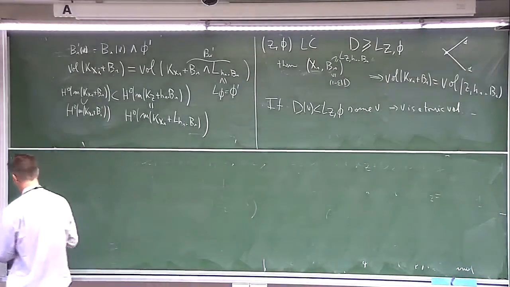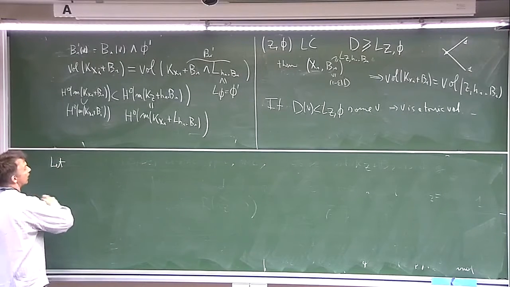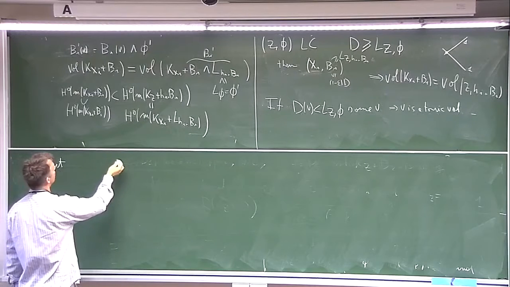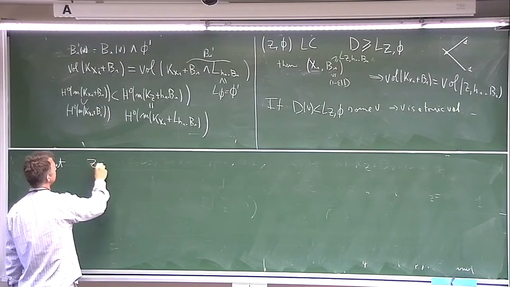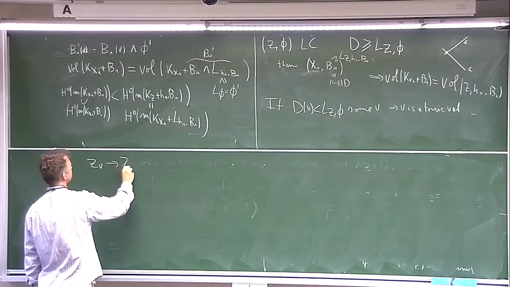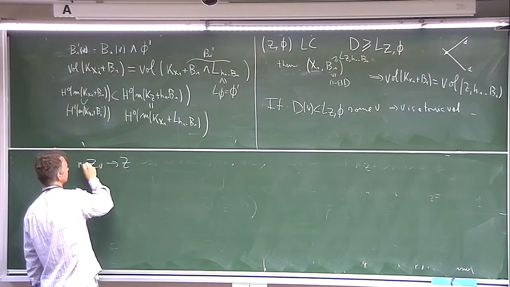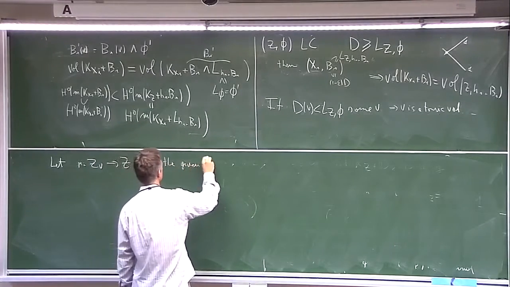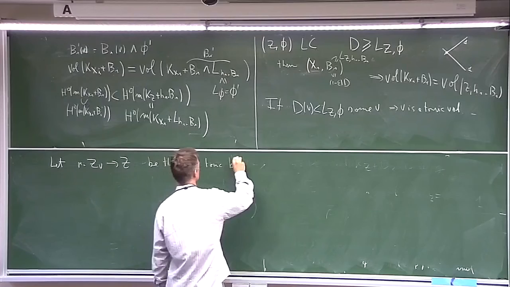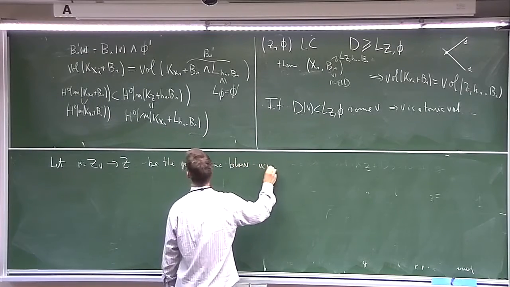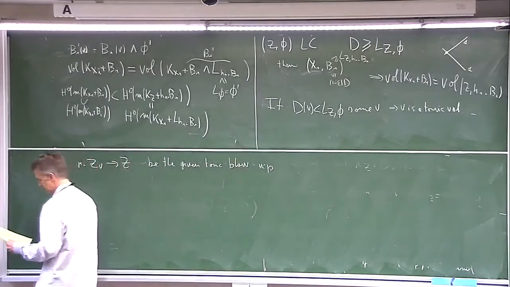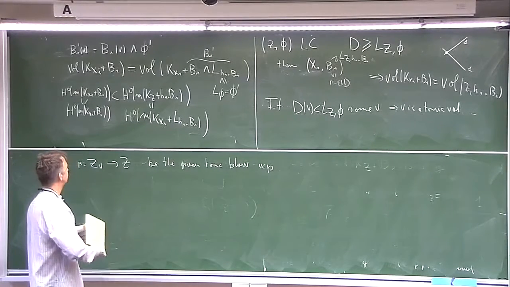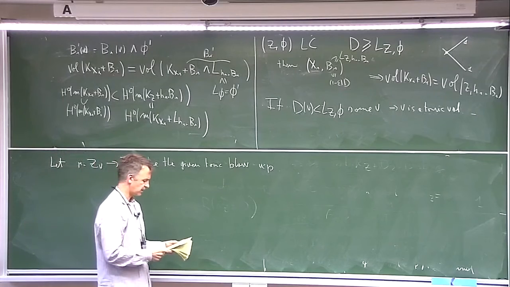So we let Z_nu to Z be the corresponding toric blow-up. And we do the trick that I just explained before.